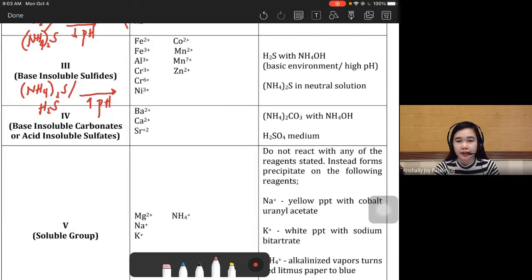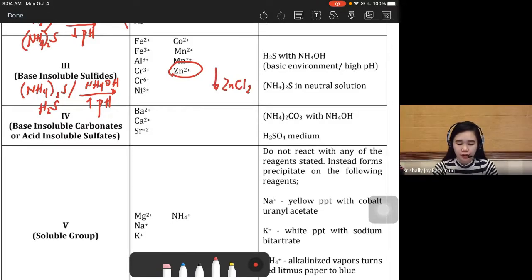Halimbawa ng alkali is ammonium hydroxide, for instance. The last ion that was studied under group 3 is the zinc, tama? It's the zinc ion, forming the sulfide salt or precipitate zinc chloride.